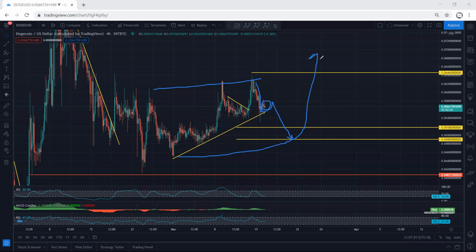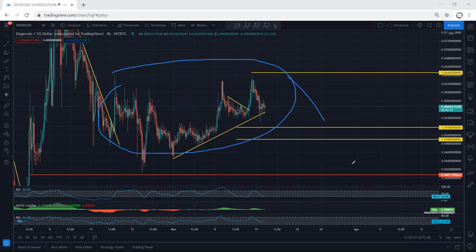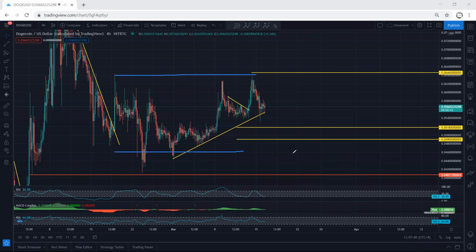Then from there we will look for the next move, and if this happens, maybe in the next move we can expect the price to break the top, because we want the price to break the top to confirm whether we can look for the continuation, or this can turn into a bigger correction for one more drop. Because as we can see right now, the way it is moving, we are still within this correction.